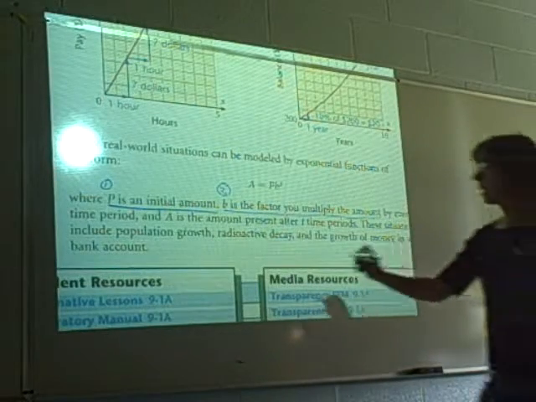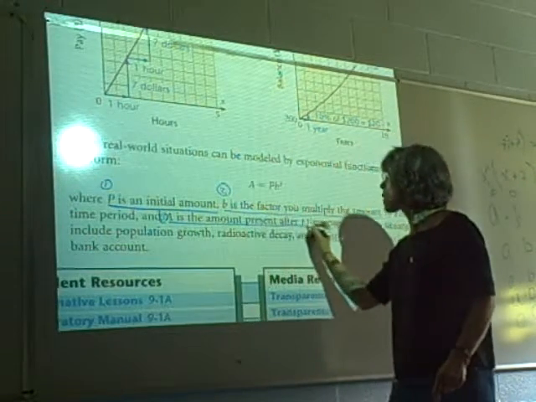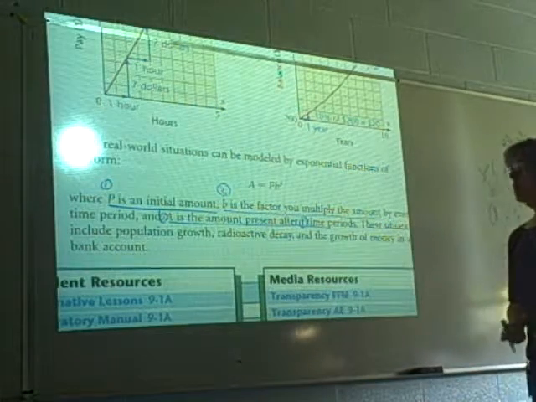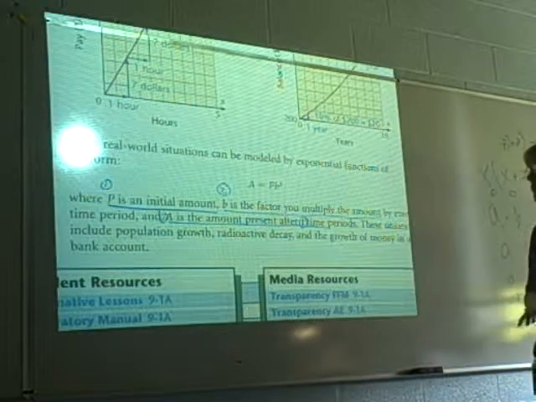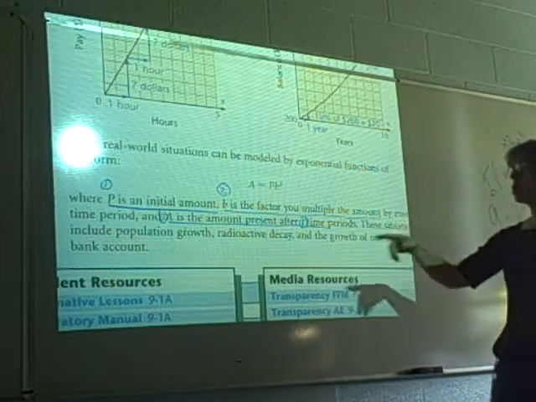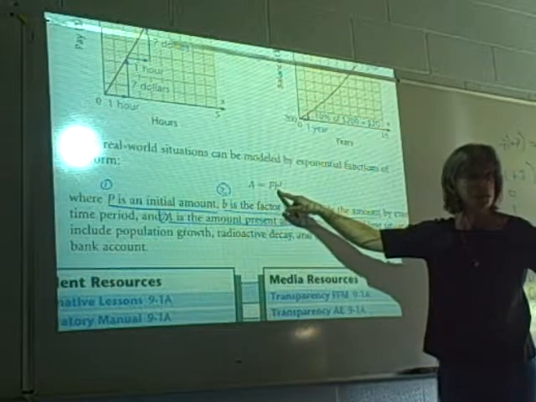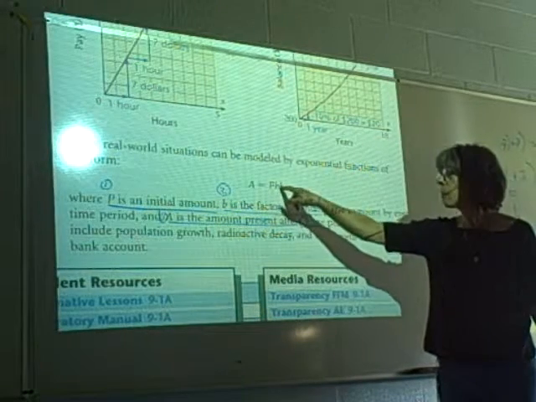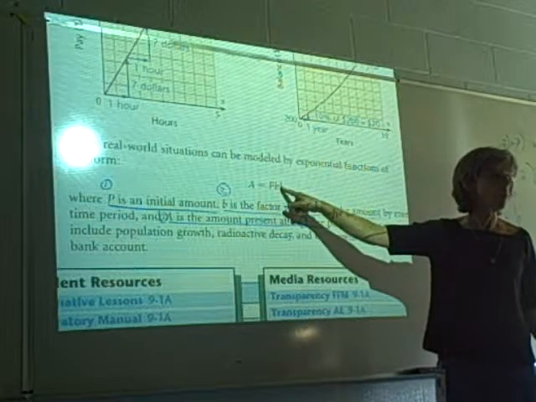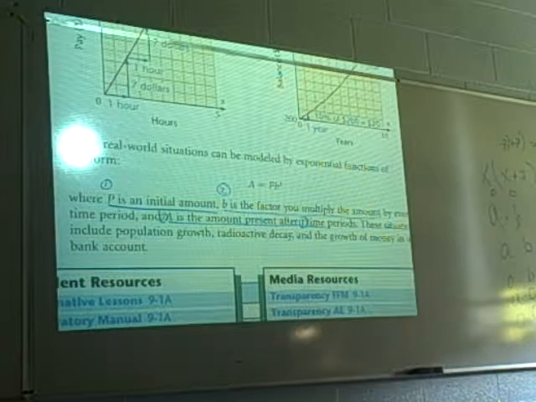A is the amount after time. So a classic example would be you put money in the bank, that is your initial amount. You're getting interest 5%, and it is being compounded for 10 years or quarterly or whatever. And then A would be the amount that you have.